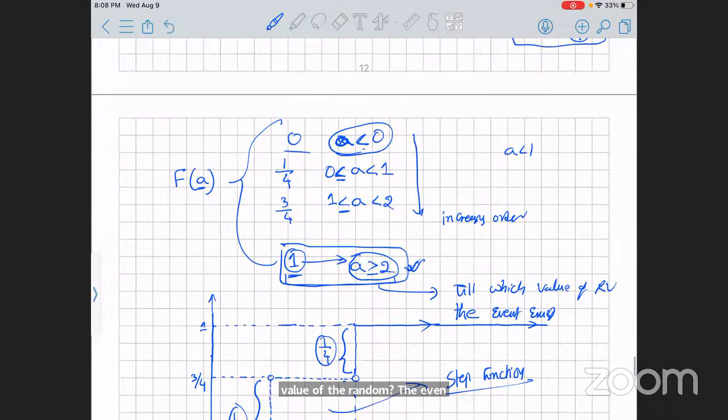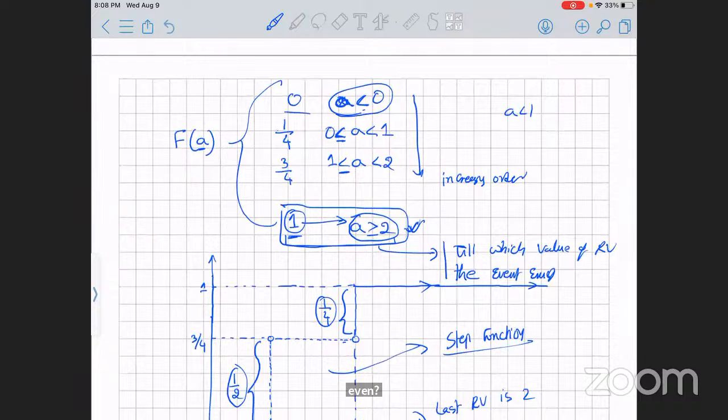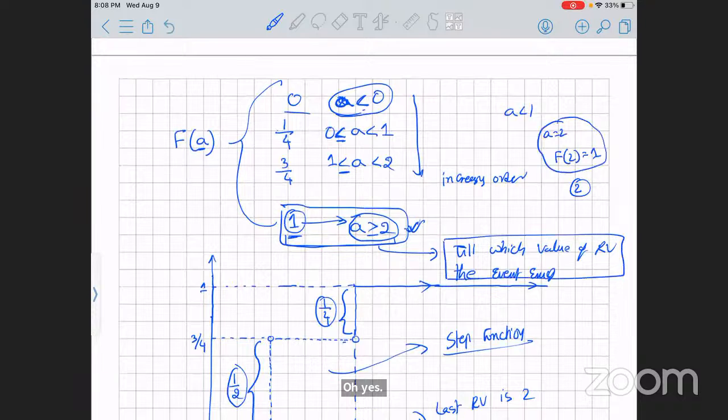Look, if at 2 it is equal to 1, that is, if A equals 2 and the cumulative distribution F of 2 equals 1, then you can stop here. You can say that 2 is the last random variable.